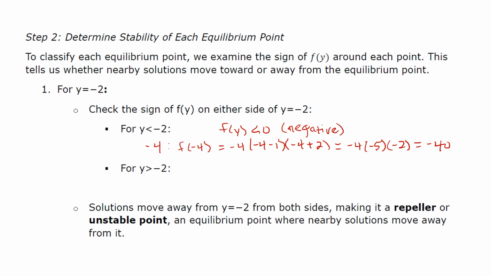Okay, now we're going to choose a value for y that's greater than -2. So let's choose -1 and substitute that into our function. No, that should be a plus, plus 2.